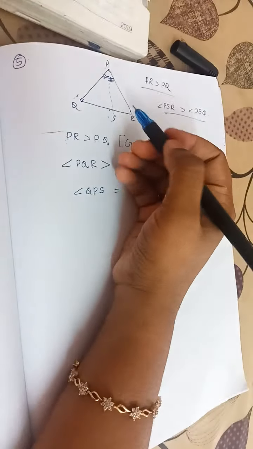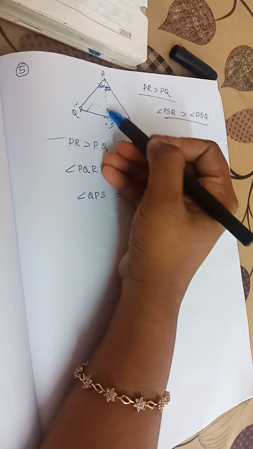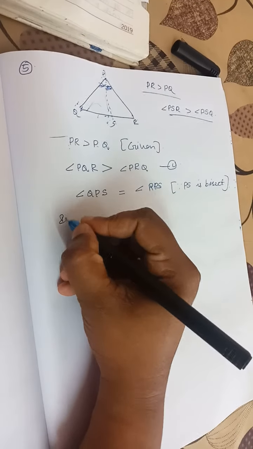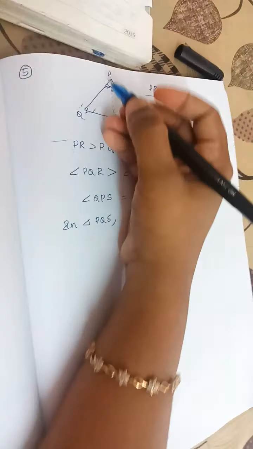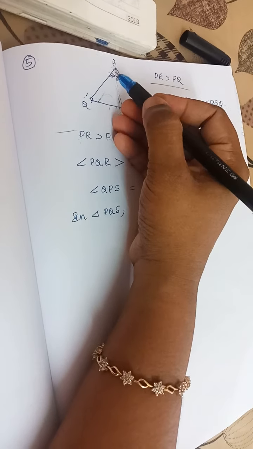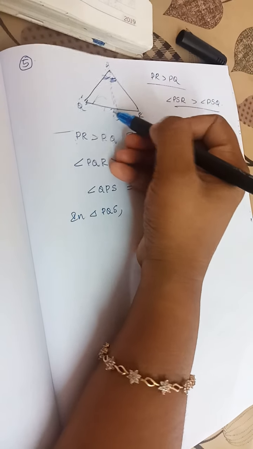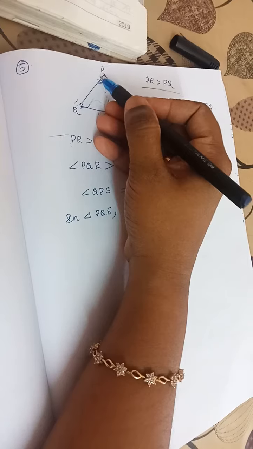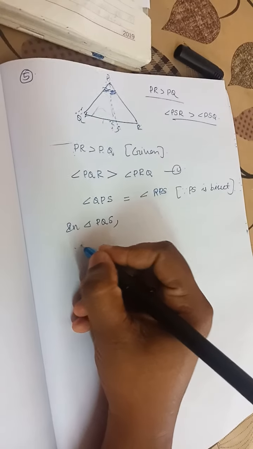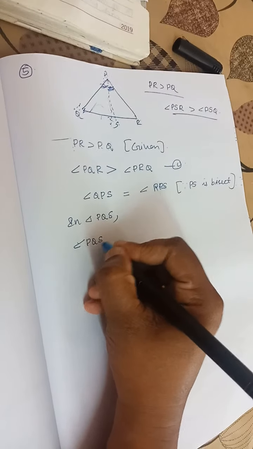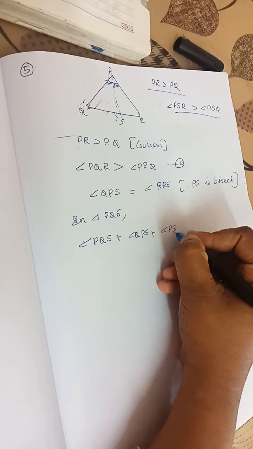Next I am taking the triangle PQS, this left hand side triangle. So in triangle PQS, I am going to apply the angle sum property of triangle. I am writing here angle PQS plus angle QPS plus angle PSQ.